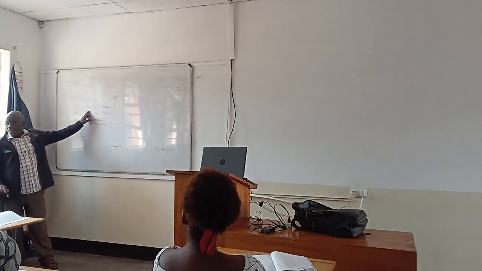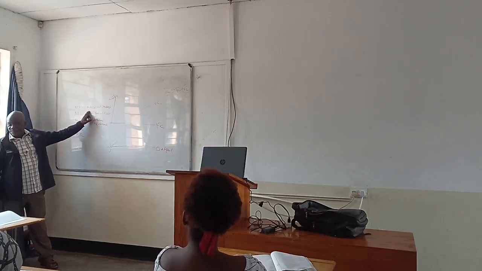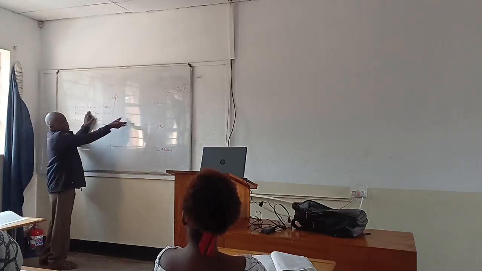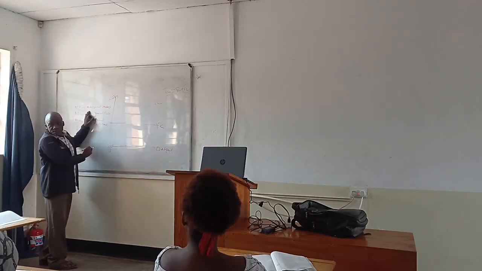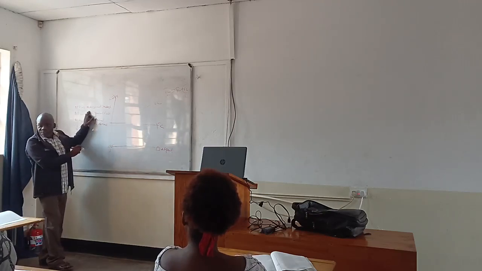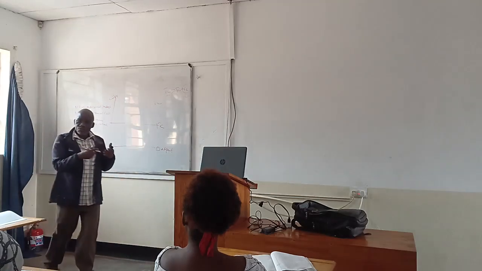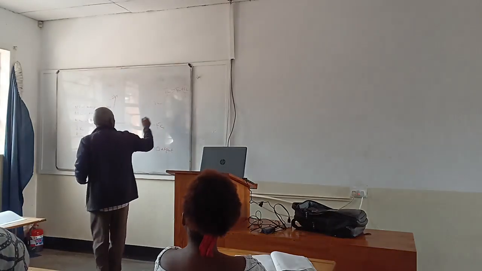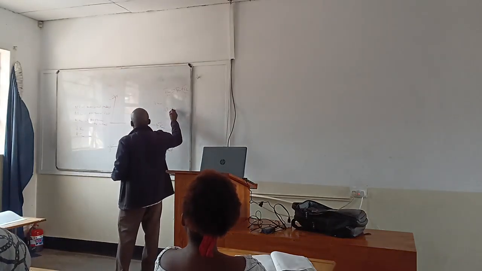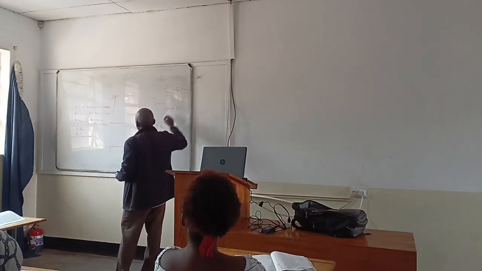What is the marginal product? Look at this. Marginal product is the extra output you get from increasing your variable inputs by 1. So you have 10 laborers. Now you want to have 11. You have added one more, right? So you had 10 laborers. You were producing maybe 30 bags.